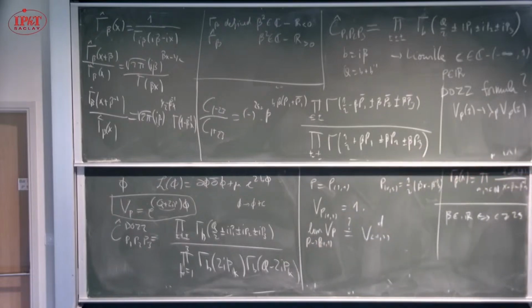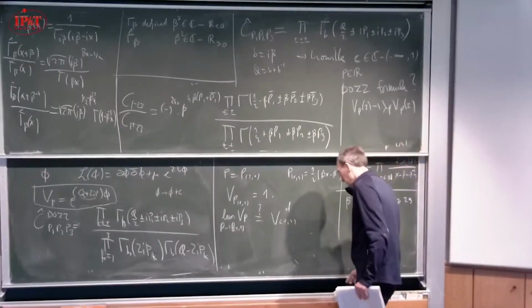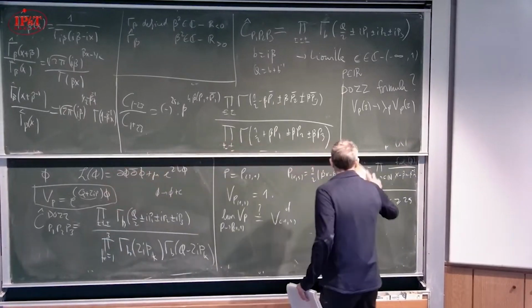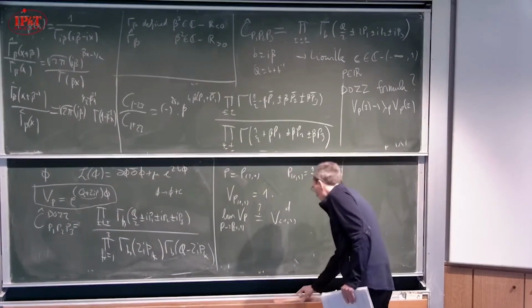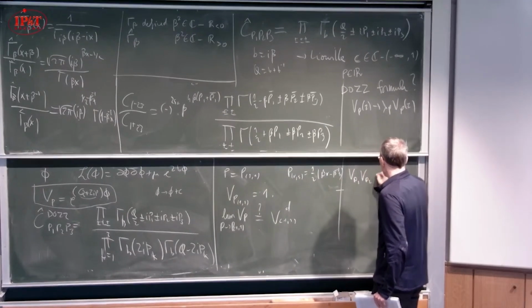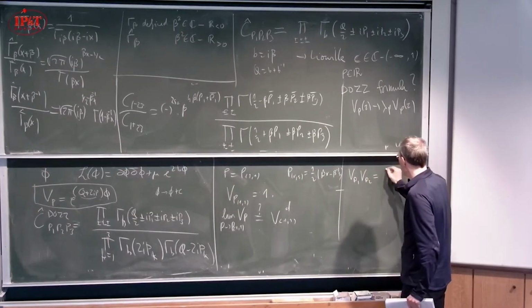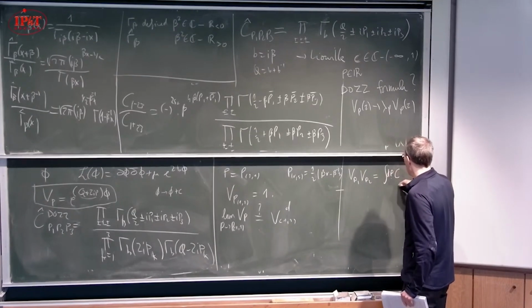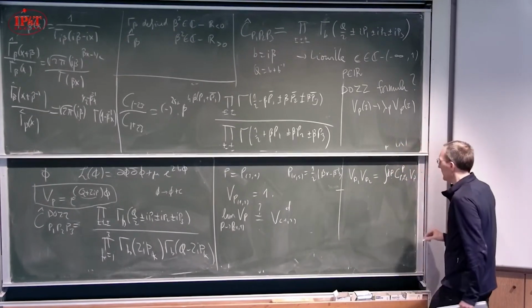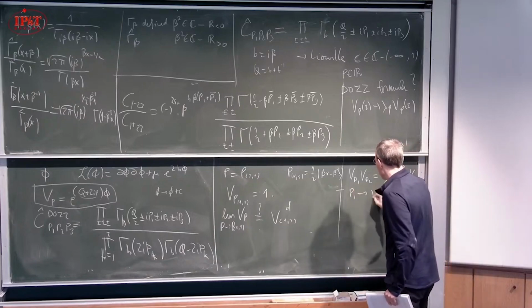So I'd like to give a small sketch of how this is possible. We start with an OPE, let's say V_P1 V_P2 equals schematically the integral over P of C(P1, P2, P) V_P. And then we say P1 goes to P11.